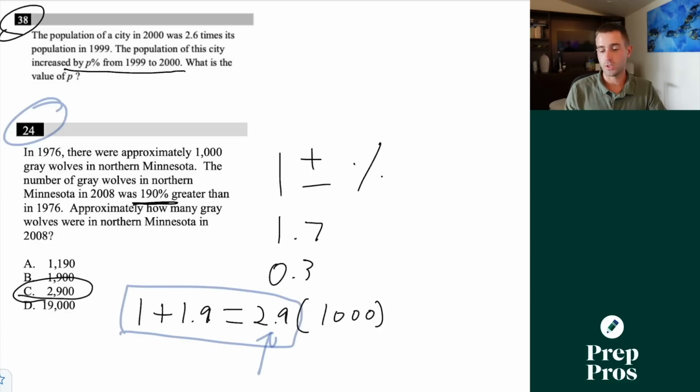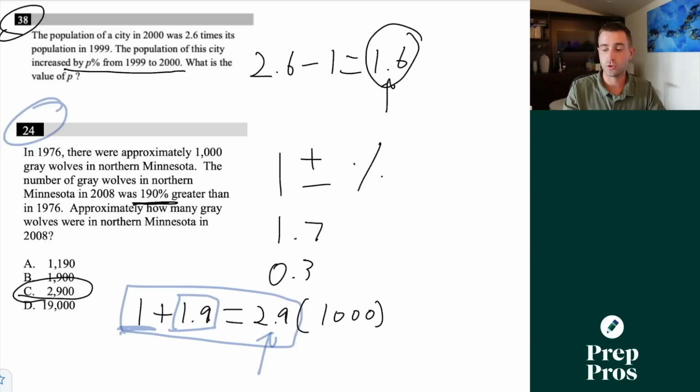If we were told that the number of wolves was 2.9 times greater, we would see that's a 190% increase because we simply would be taking away that 1 that we're always adding or subtracting. So here we solve this by doing 2.6 minus 1 equals 1.6. That's our amount of increase. Well, 1.6 is the same as 160%, and that's how we can solve these.